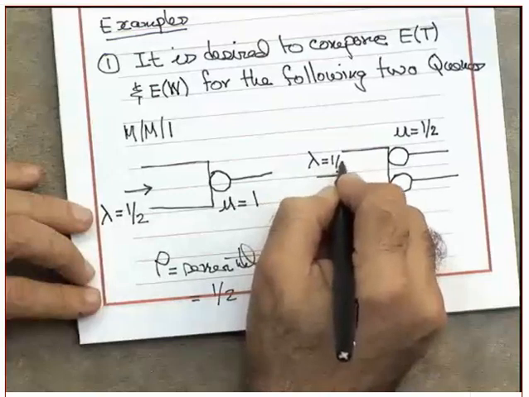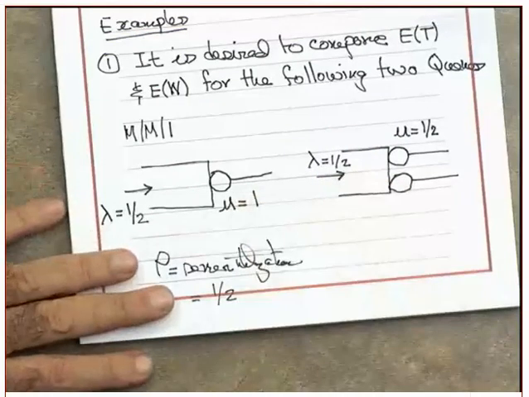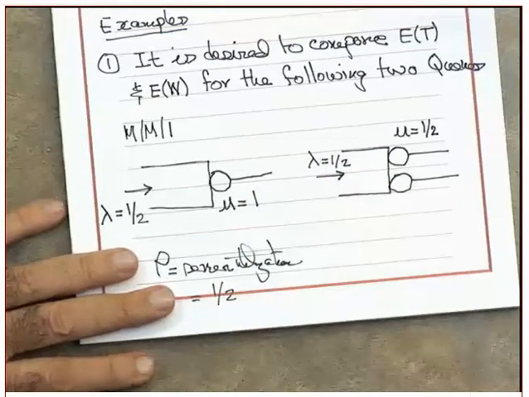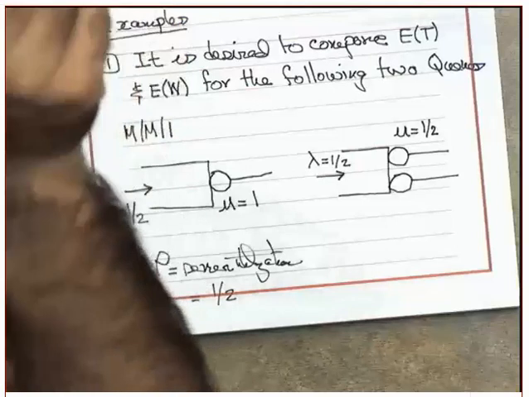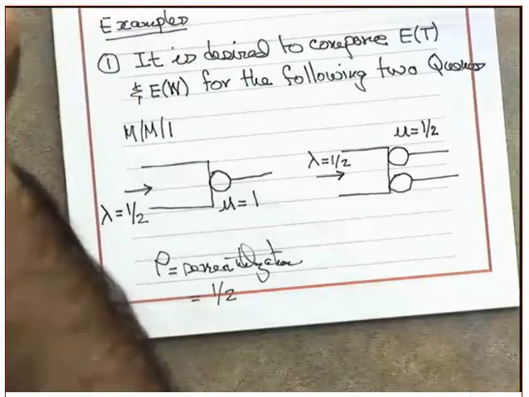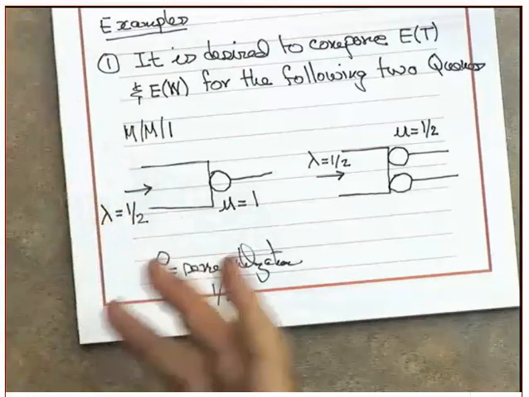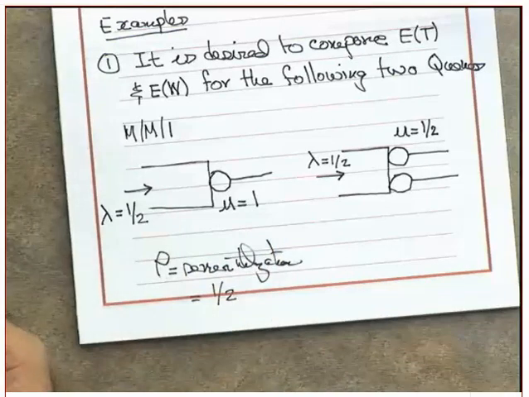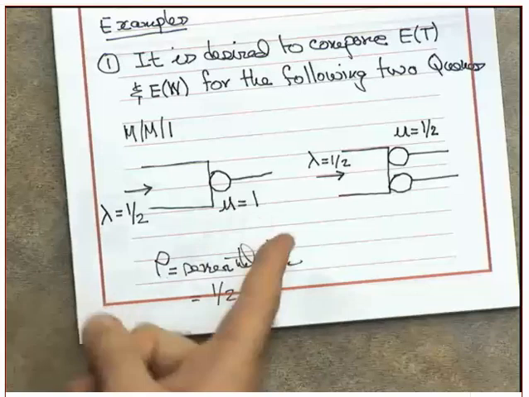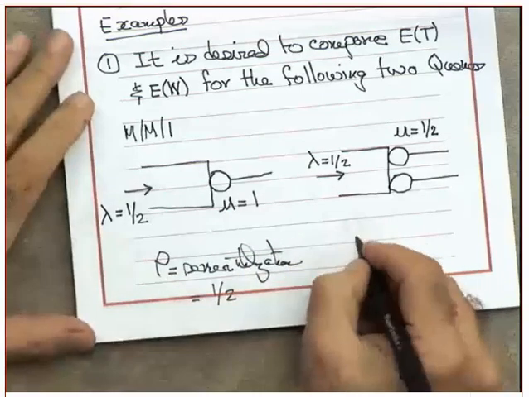Lambda is still 1/2. Did you get my point or not? Lambda is still 1/2, but instead of using one server at a service rate of 1, I'm going to use 2 servers, each one at a service rate of 1/2. Are you following? What is the server utilization here?